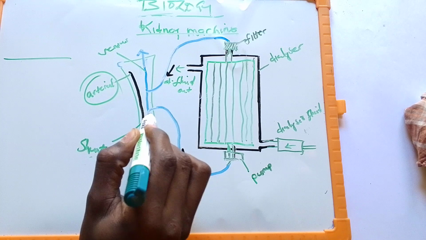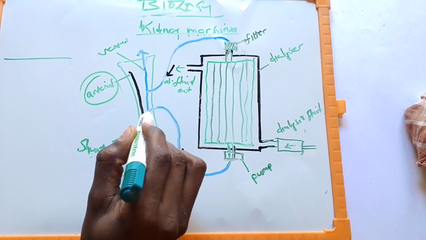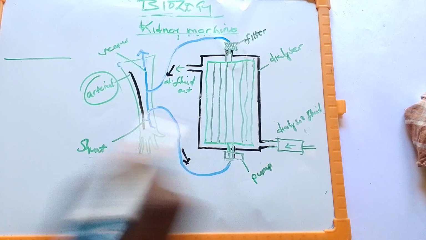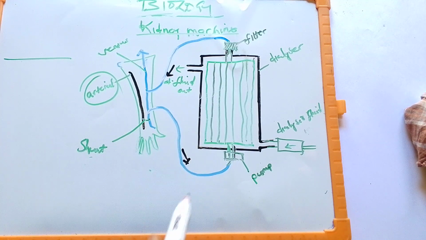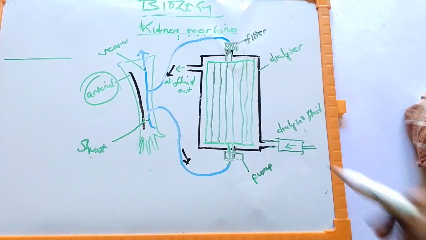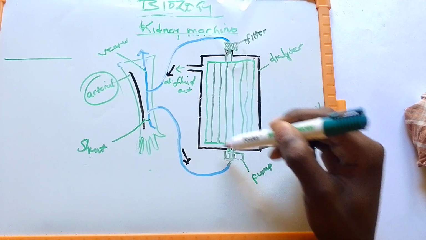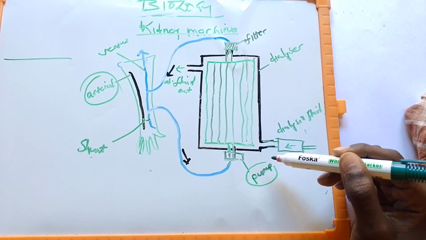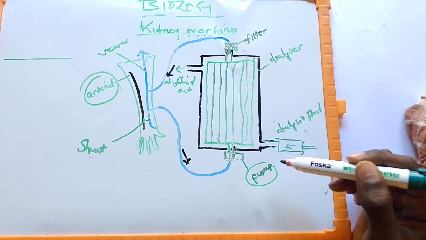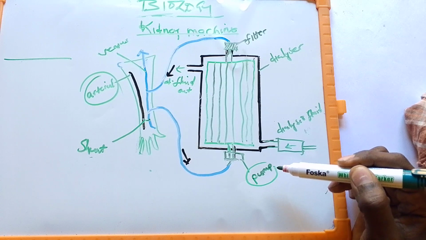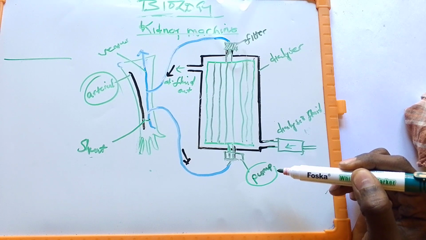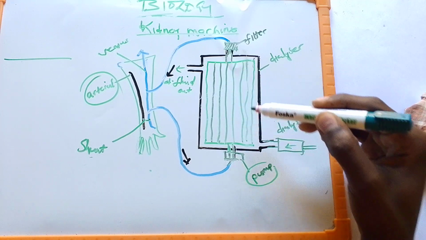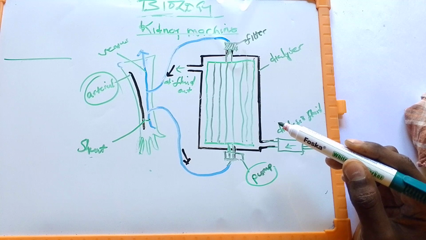Then in the veins, the blood will flow from the veins going into the dialysis machine. Before the blood enters the dialysis machine, there is a pump just at the entrance. The function of this pump is to ensure that the blood is moving at higher pressure in the dialysis machine than the pressure of the dialysis fluid.